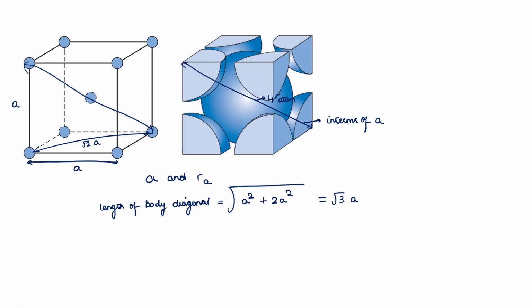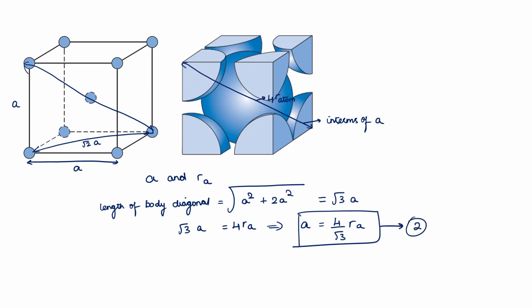As we know, the length of the body diagonal is also equal to 4 times the radius of an atom. So we can conclude that the lattice parameter a is equal to 4 by root 3 times the radius of an atom. Let us write this down as equation 2.